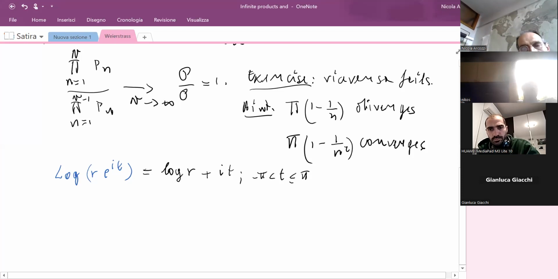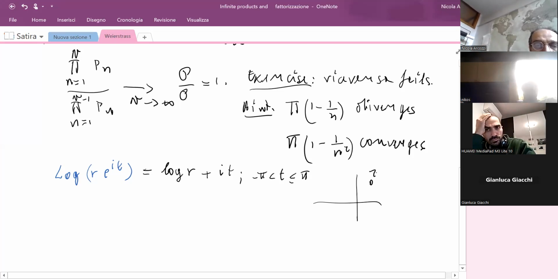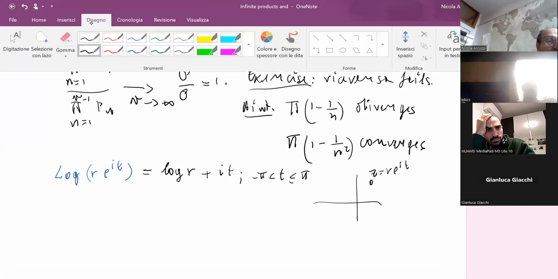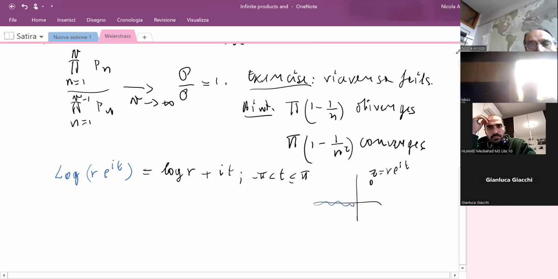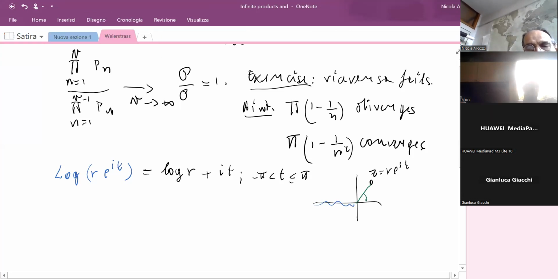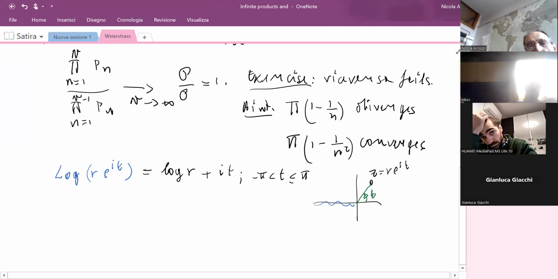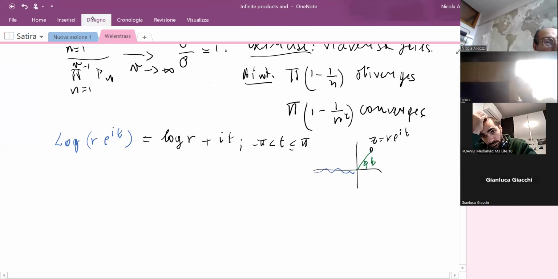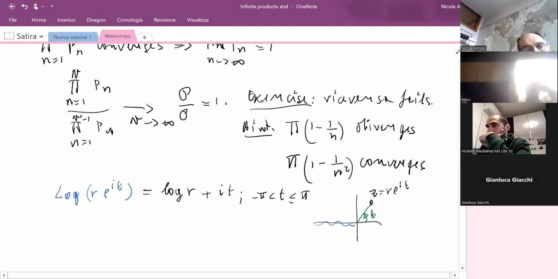So that's the principal determination of the logarithm. It means that if my number is R e to the it, we consider this t over here as the argument for the definition of the logarithm. And it is kind of natural.